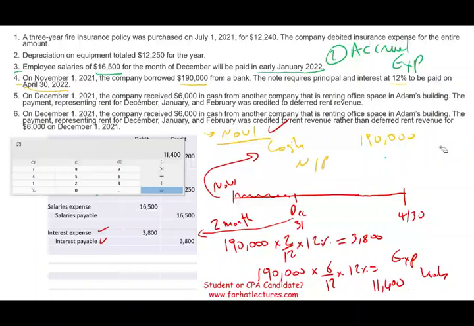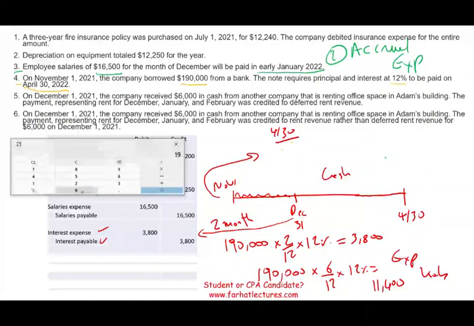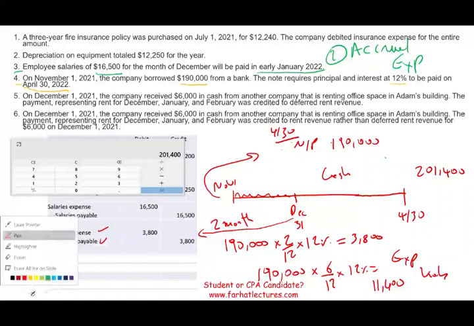Let's journalize the entry. So now on April 30th, we have to pay cash in total: 190,000 plus 11,400. We have to pay in cash 201,400. Well, part of it is going to be for the note. We're going to have to debit the note 190,000. Okay? Then, remember, we have to remove the interest payable. Notice here we have an interest payable.